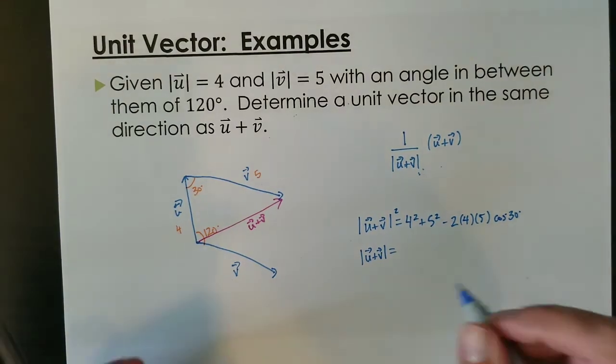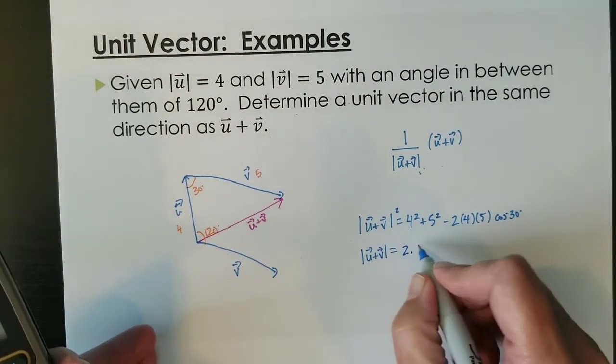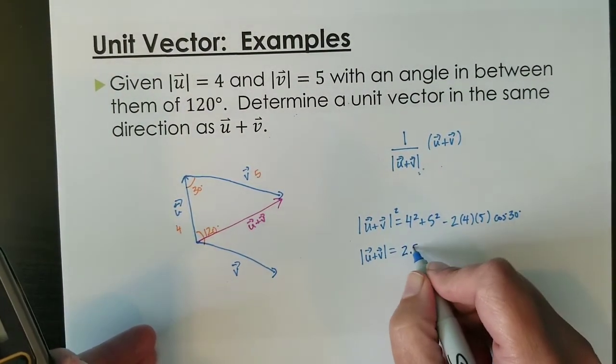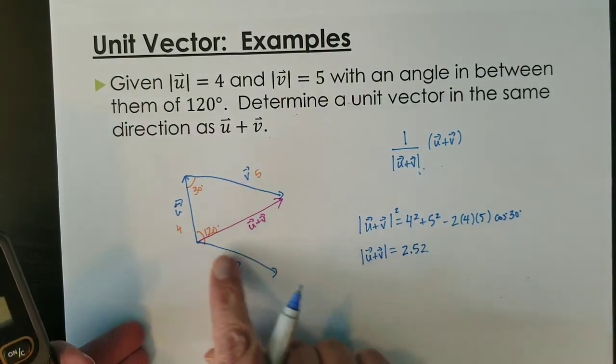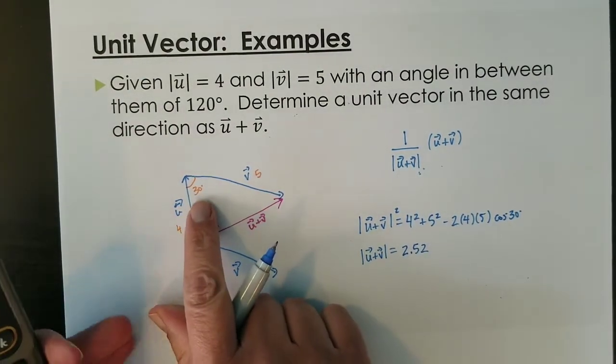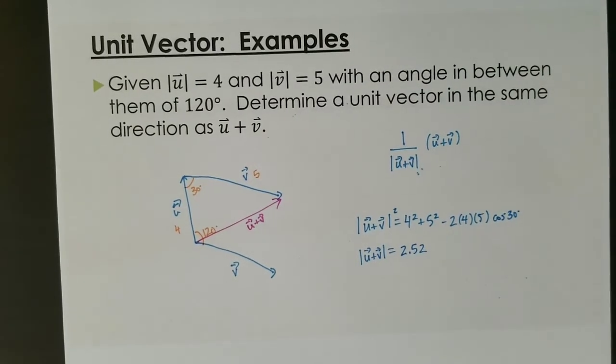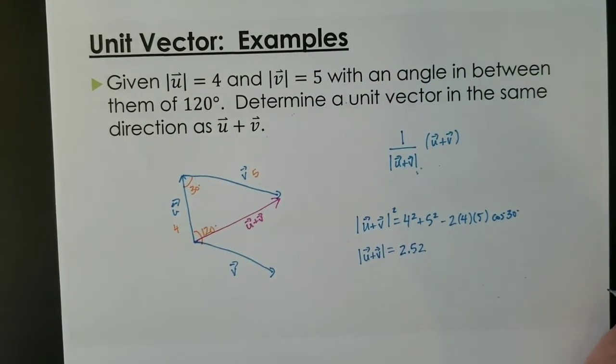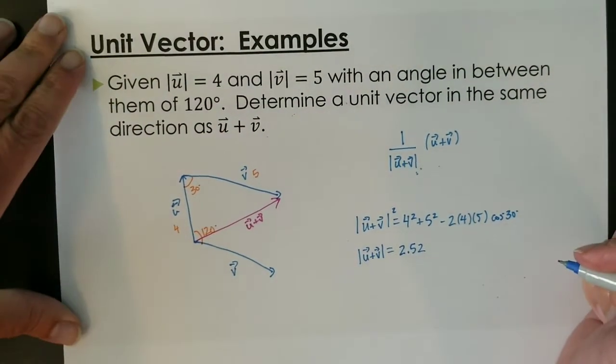Okay, so I get about 2.52, which looks kind of small, but I have really not drawn my 30 degrees accurately at all up there. So it's probably pretty realistic.